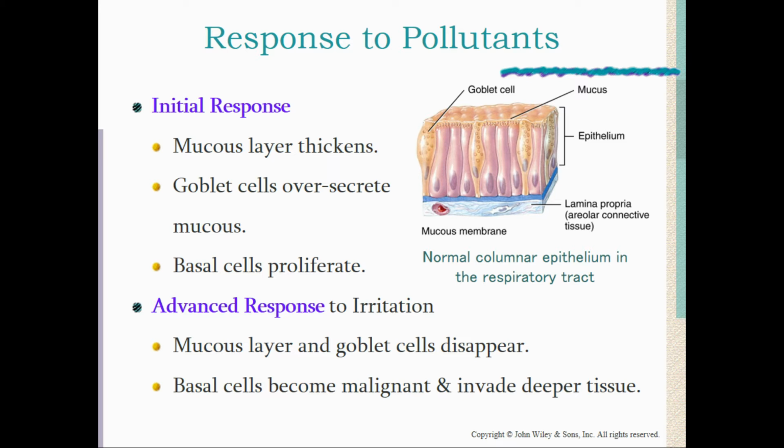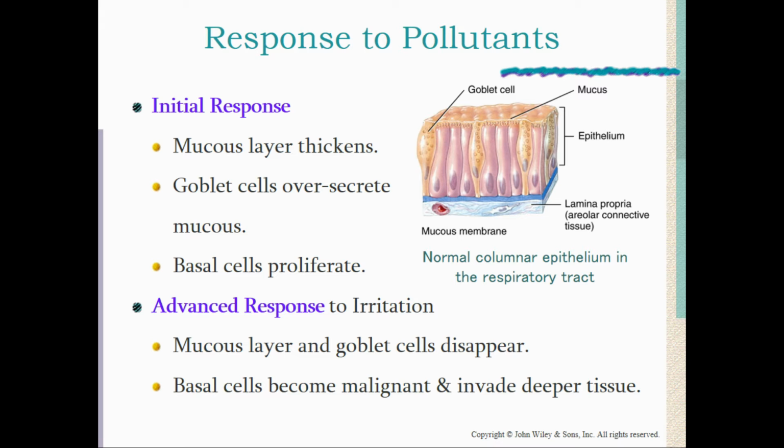First, let's talk about response to pollutants. In our respiratory tract, there will be an initial response. The mucus layer on the respiratory tract will thicken. Remember, the type of epidermal tissue that we have in the respiratory tract, in your trachea, is my favorite, the pseudostratified ciliated columnar epithelium, and it contains goblet cells.